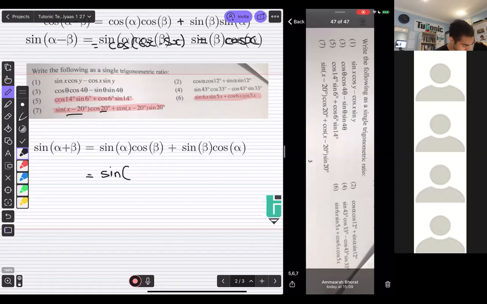Isn't it just sine x? Oh yeah, because it's going to be sine of x minus 20 and then another bracket 20. So it's a negative and a positive which cancels out. So it will be x. So you can write it like this: x minus 20 plus 20.